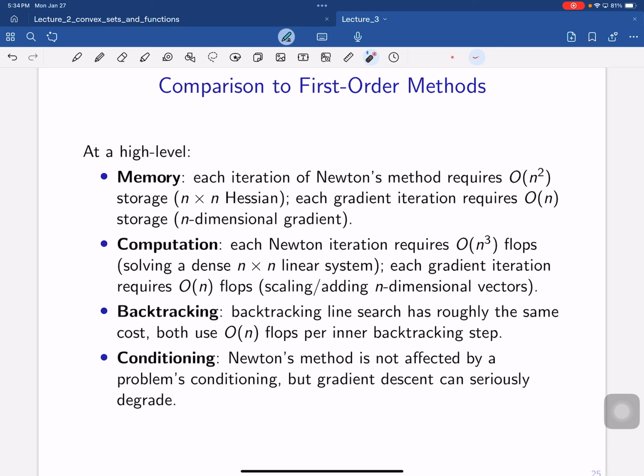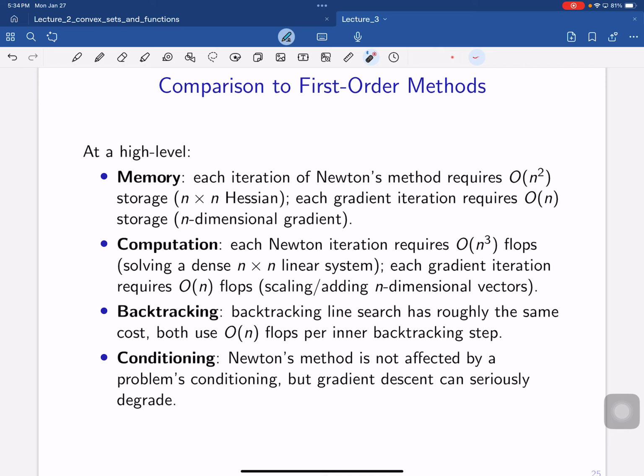Then the order of computation is n squared, because, let's assume computing each gradient entry only needs O(1) operations. So computing the Hessian will be n squared. But if you want to take the inverse of an n by n matrix, that will be n cubed, since you need the inverse of the Hessian. So matrix inverse is a very expensive operation. I will make a comment on that later.